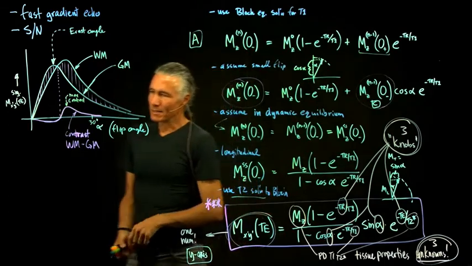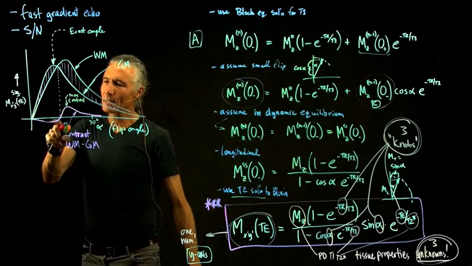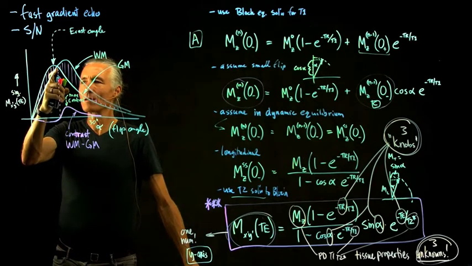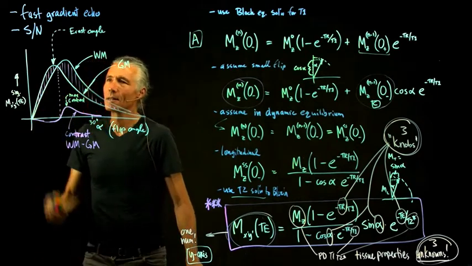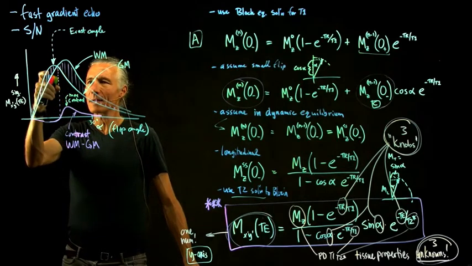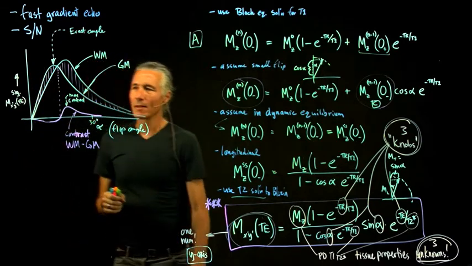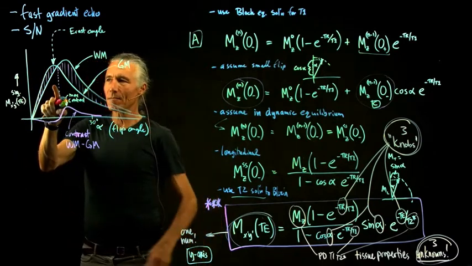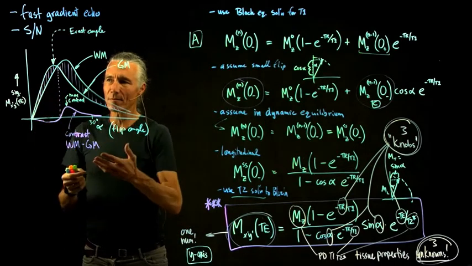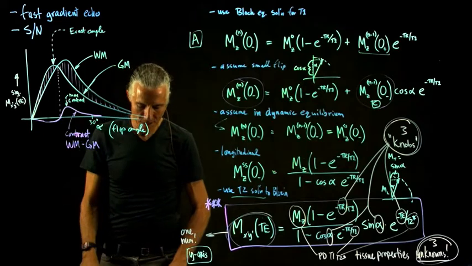And it's interesting when you look at this. If you accidentally set the flip angle to where these curves cross, you get 0 contrast. If you go below that point, you'll get the reversed contrast, and it'll make the gray matter brighter than the white matter. So if you just change the flip angle by like 2 or 3 degrees, you could suddenly completely reverse the contrast of your image.